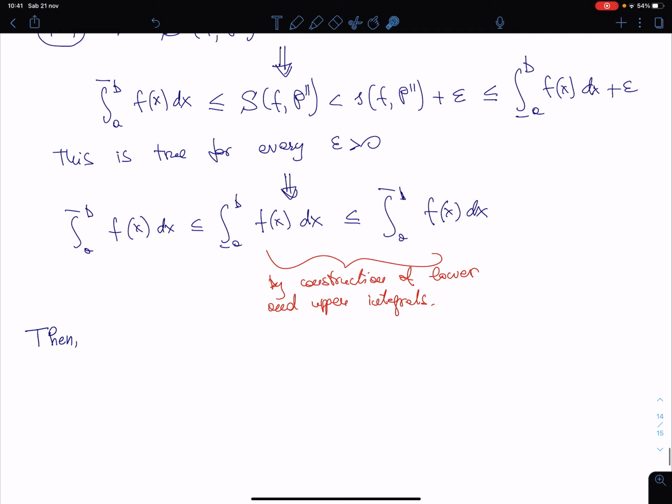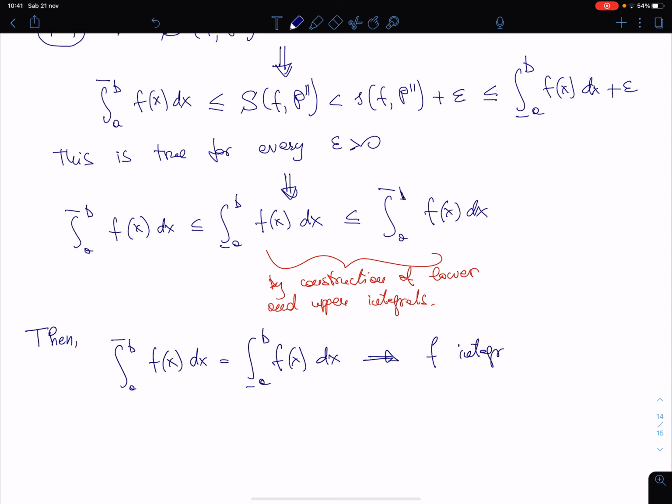So then we have that the upper integral of f is equal to the lower integral of f, and this implies that f is integrable on AB. And so the lemma is finished.